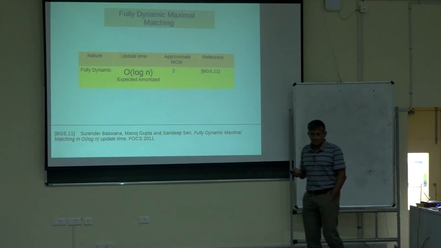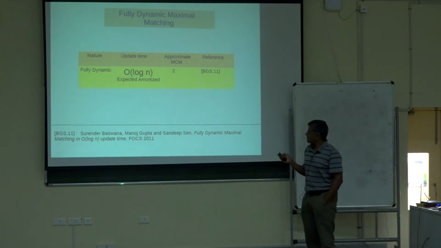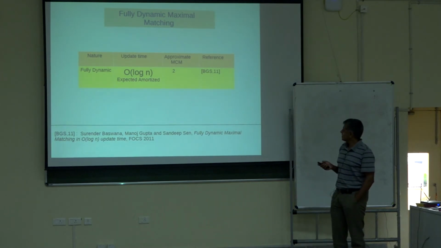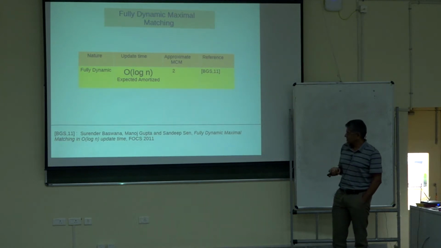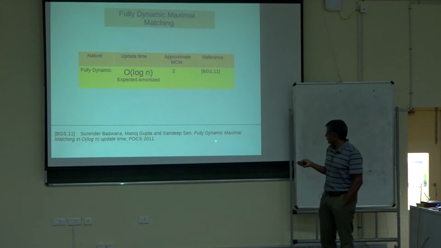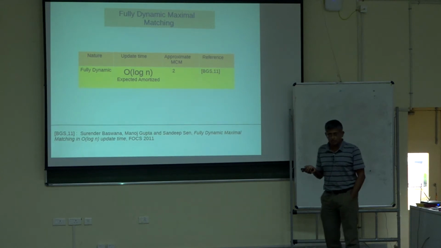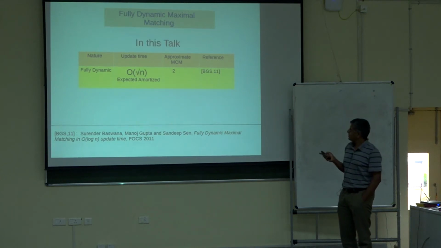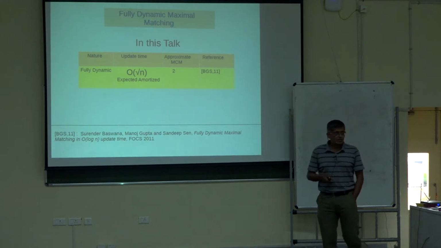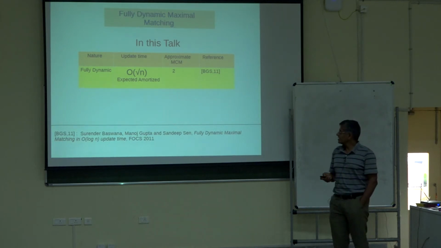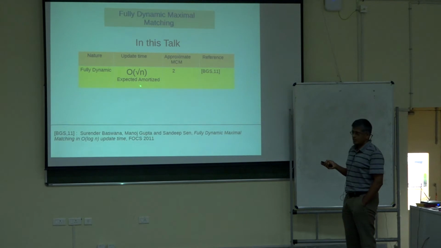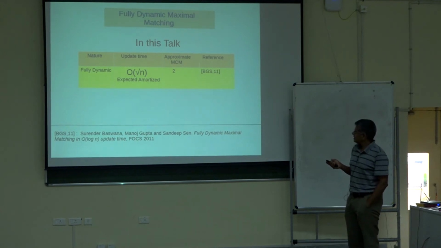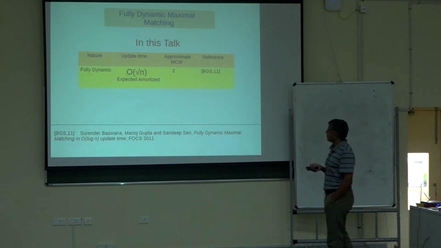There is a very nice result by Surender Baswana, Manoj Gupta and Sandeep Sen: fully dynamic maximal matching in order log n update time. The first part of this paper is a very nice expected amortized analysis. It's a randomized algorithm, and the amortized running time is order root n.